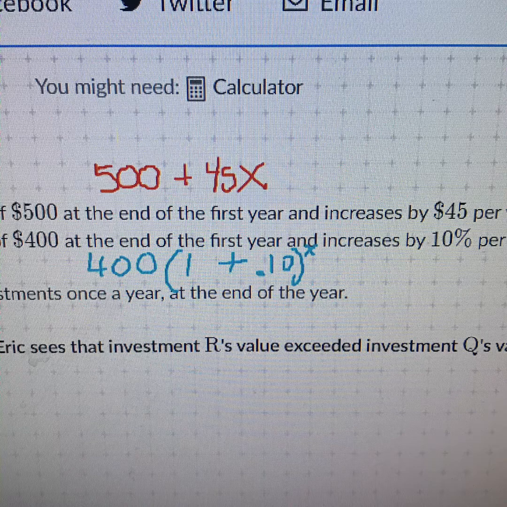And those years again are my time, my x's. Again, on the top value, my linear function, it's multiplying by that 45 because I'm just adding that amount each year. So 45 plus 45 plus 45 plus 45. While my investment function that is increasing by a percentage on the bottom is multiplying by 1.1 every year.